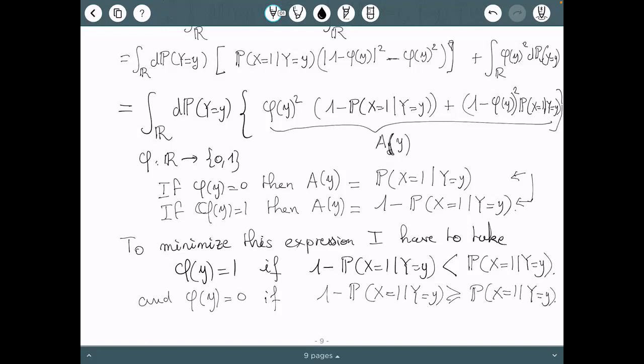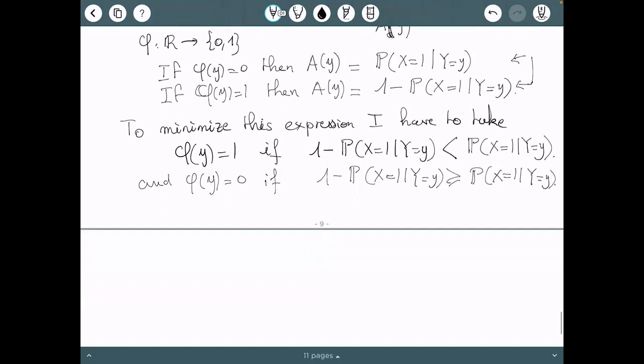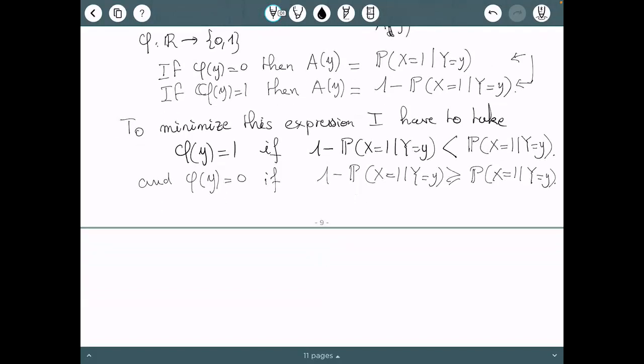And so the conclusion is that the phi which is minimizing this expression has to be equal to the indicator function, because it is 1 or 0.